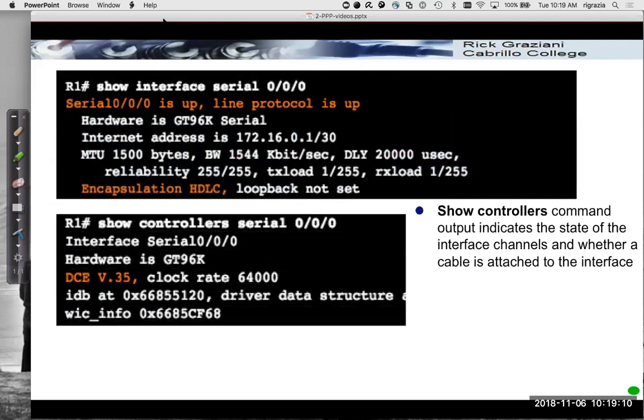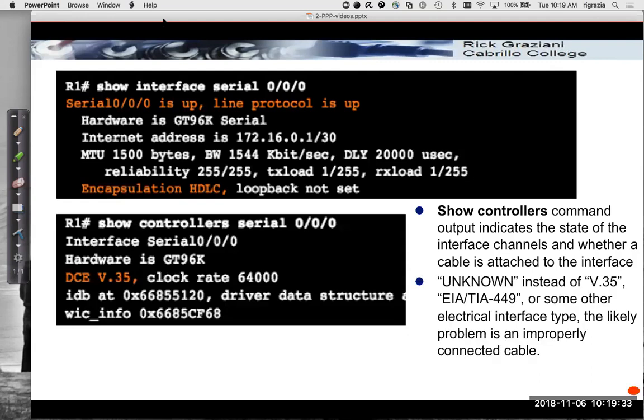There's also another command you should become familiar with, and that's the show controllers command. The show controllers command will indicate any of the physical specifications on the interface. It will show a lot of the things that you configure the CSU/DSU for, and as we can see there, it shows the type of cable that is attached. Here we have a DCE V.35 cable connected on the serial 0/0/0 port.